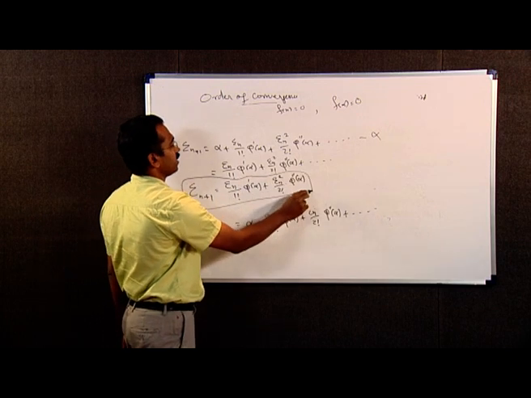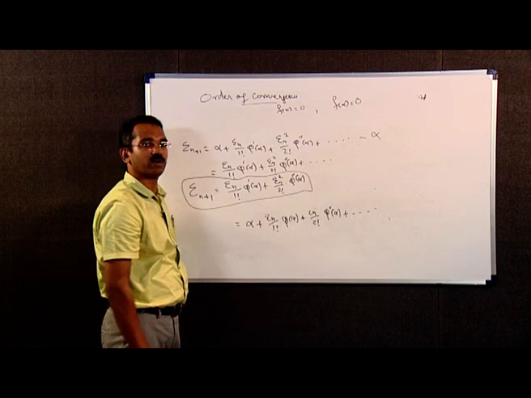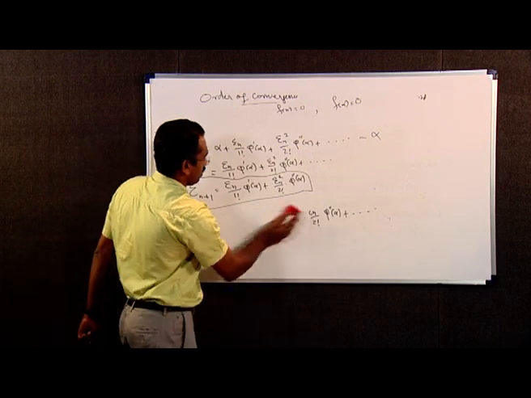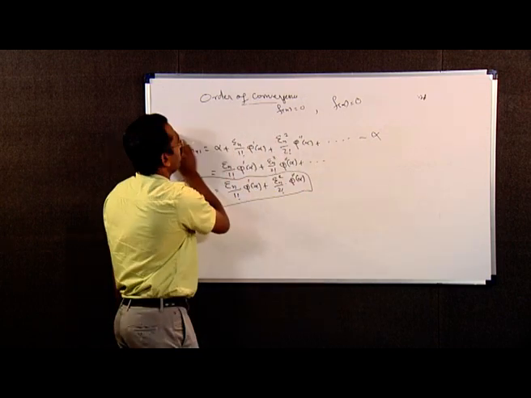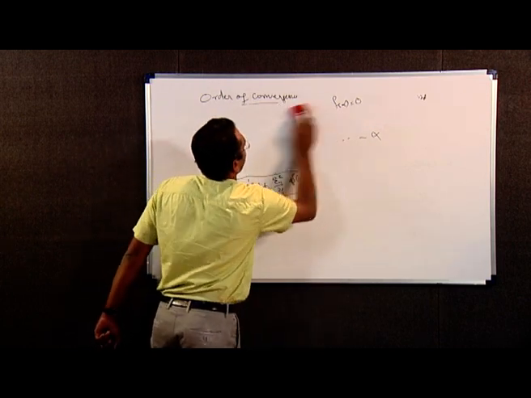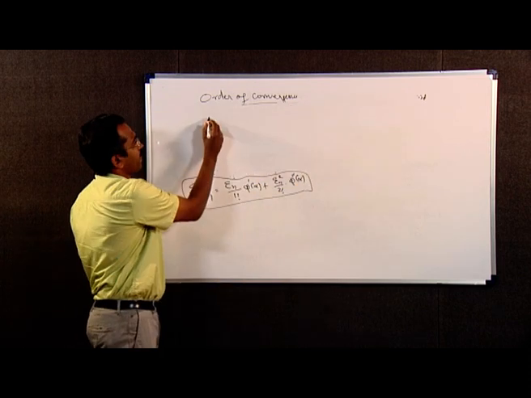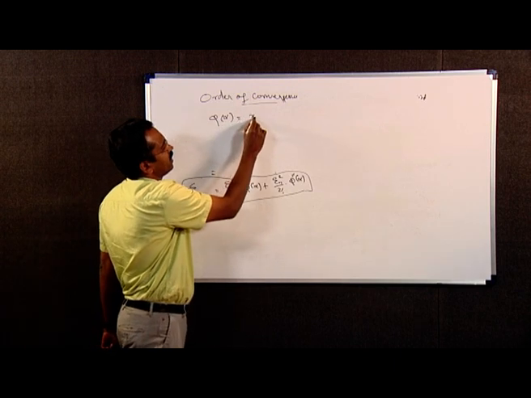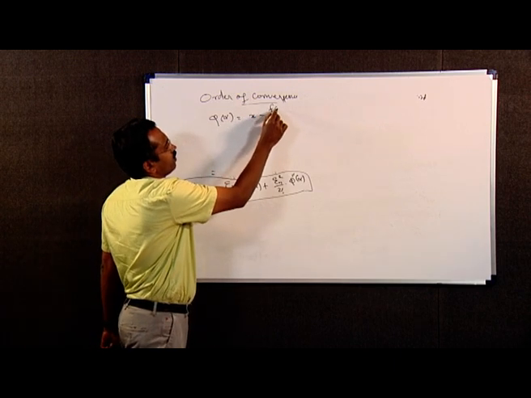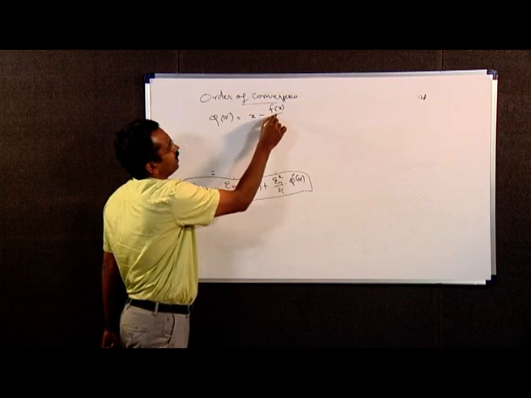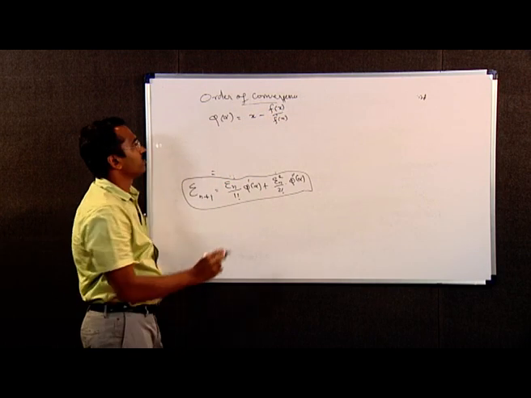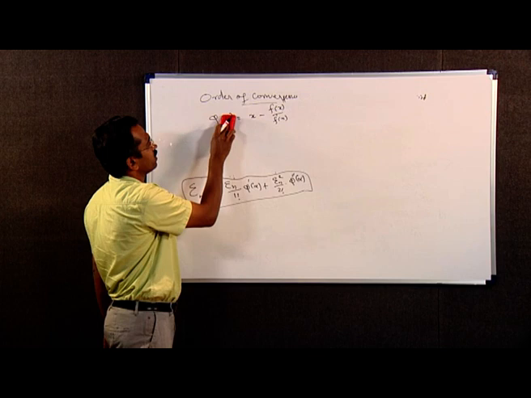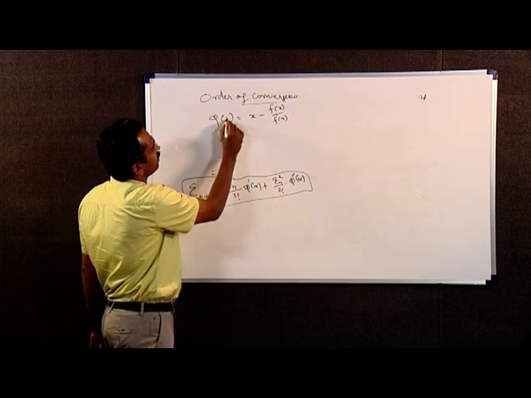Now, we find phi dash of alpha and phi double dash of alpha and substitute in this. Here phi of x is equal to x minus f of x divided by f dash of x.